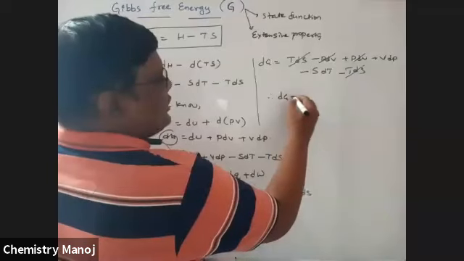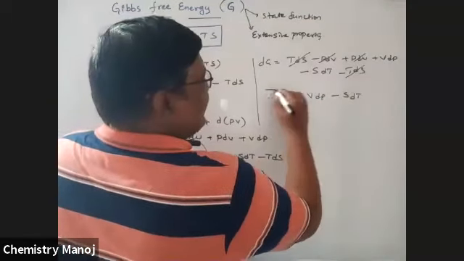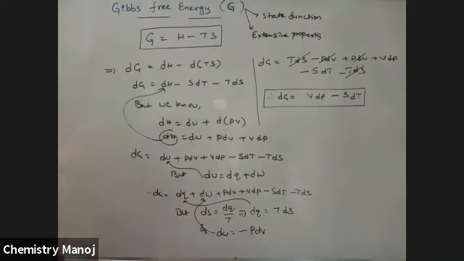Therefore, dG is equal to V dP minus S dT. This is the important relation to calculate change in Gibbs energy. Directly we use that formula, but I am trying to derive this formula, so it is easy. That's why I am deriving it.